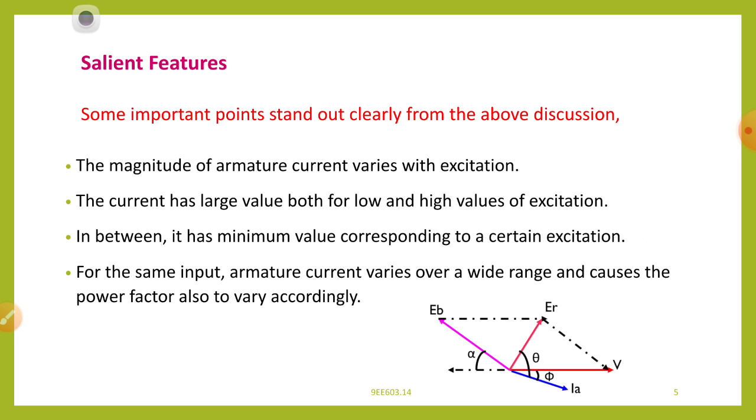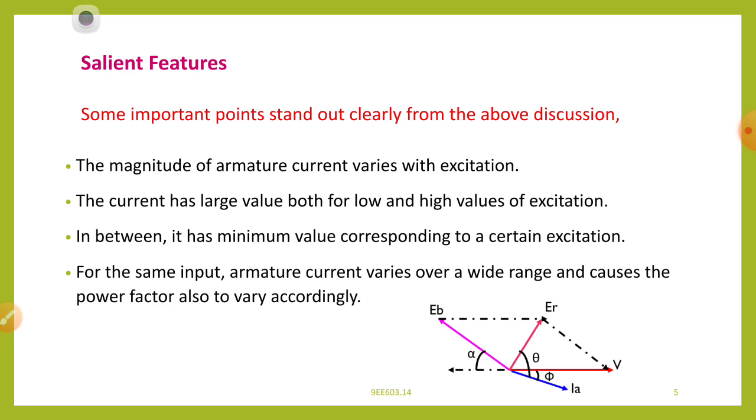That means under under-excitation and over-excitation conditions, the armature current value taken from the supply is large. In between, it has a minimum value corresponding to a certain excitation.